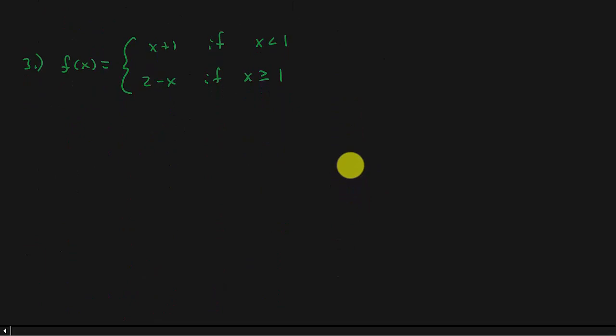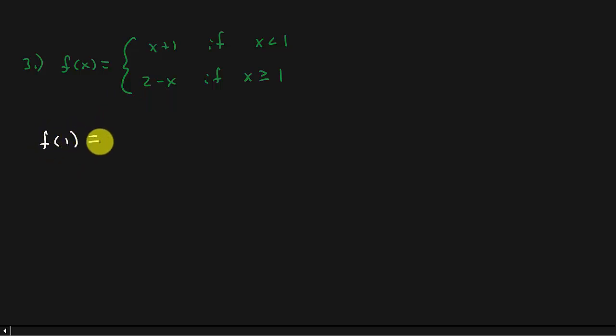All right. So what about this one? Here we have a piecewise function. I'm going to guess that what we need to check is whether it's continuous at 1, where it splits and changes functions. All right. So first thing we need to do is evaluate f of 1.